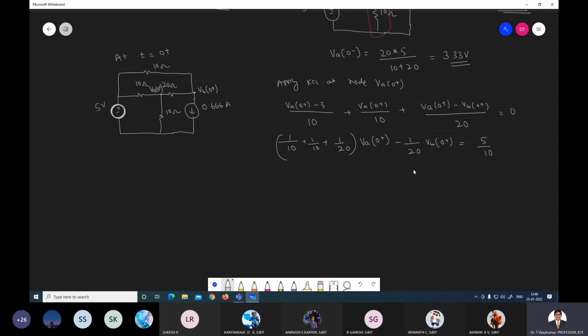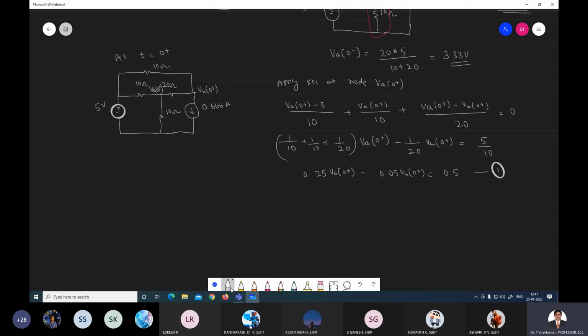Simplifying, 0.25 VA0 plus minus 0.05 VB0 plus is equal to 0.5. Call this equation 1.